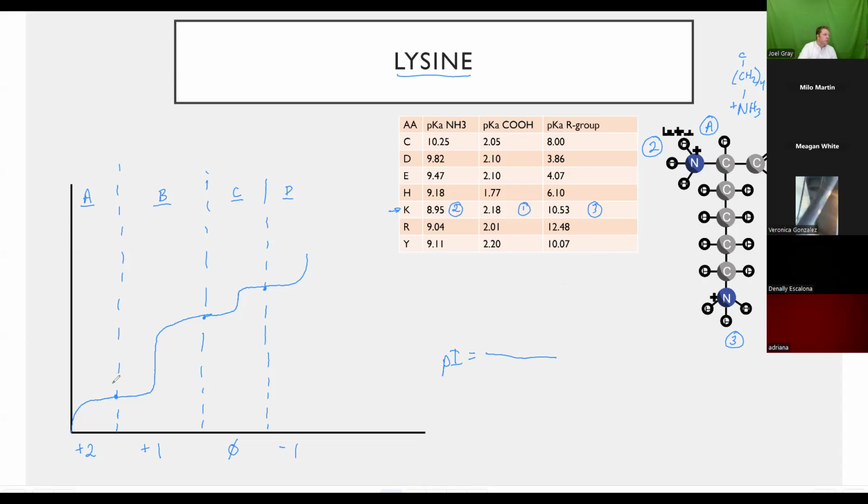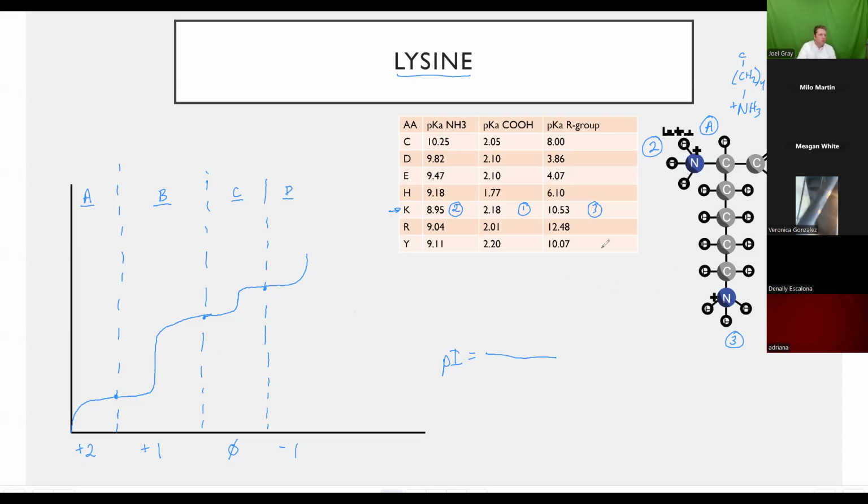0. Would anyone care to, based on these pKa values for lysine, add to the chat what that pI is approximately? Do the calculation. 7.22.